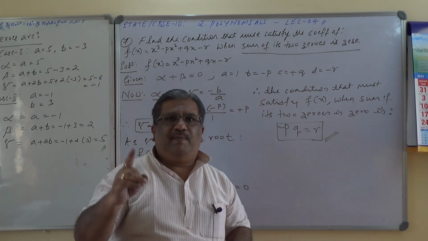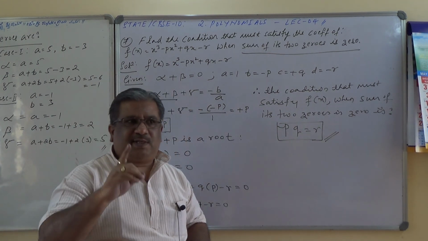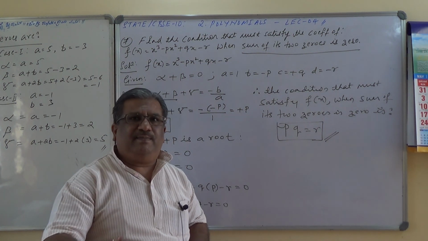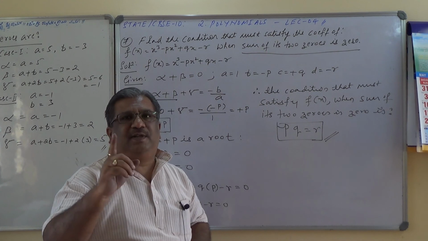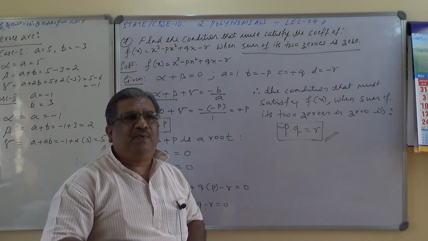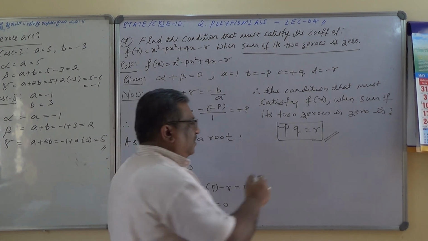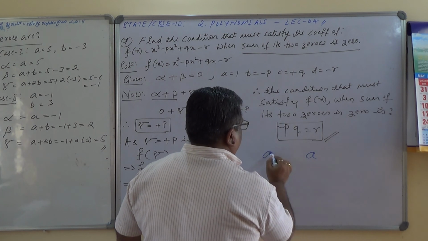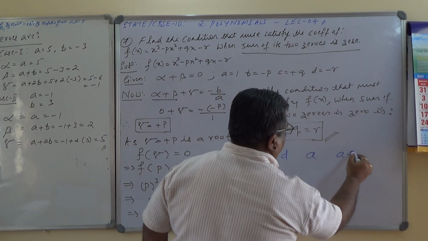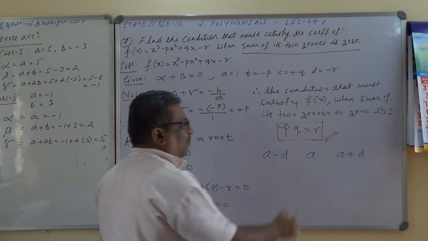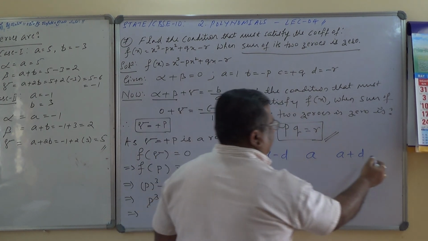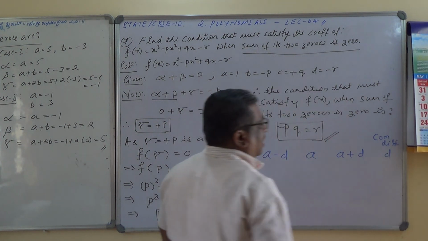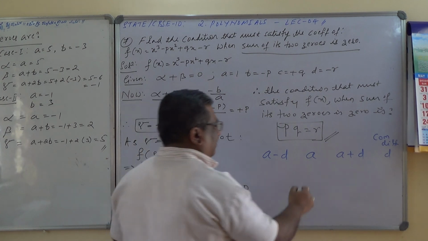Selection of the terms in AP is most important. There are about 7 numericals in R.D. Sharma. One of the numericals will be there every time in the exam, and selection of the terms is very important in arithmetic progressions. Selection of three terms. How do you select normally? A minus D, A, A plus D. How do you select the four terms? What is the common difference over here? This minus this is the common difference, here it is D. How do you select the four terms in arithmetic progressions?